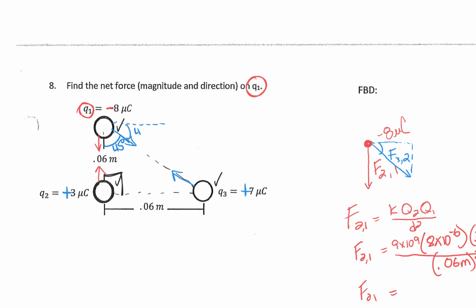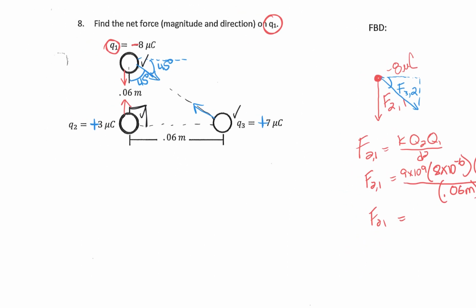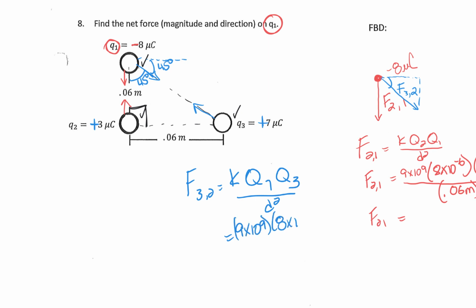The only thing that I think is going to make that a little challenging is if we set up force 3 on 1, we would still have to do k, Q1, Q3 over distance squared. 9 times 10 to the 9th. Q1 is 8 times 10 to the negative 6th. Q3 is 7 times 10 to the negative 6th.